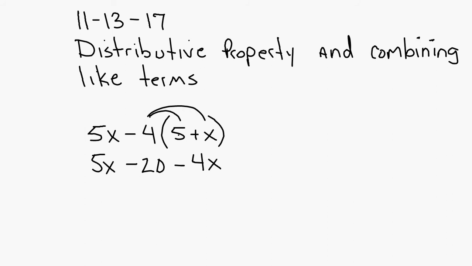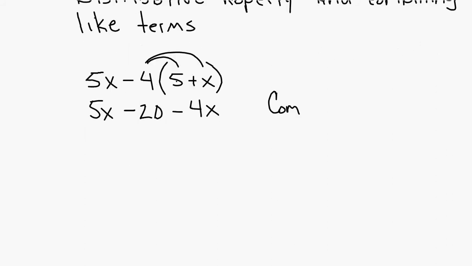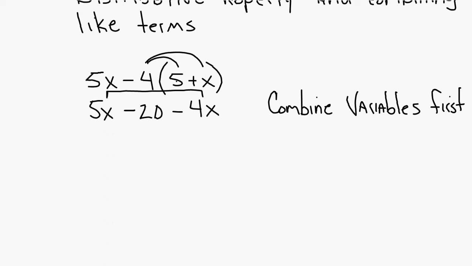Now, please be sure that in the next step after the distributive property, that you combine the variables first. And that means to combine the 5x and the -4x.